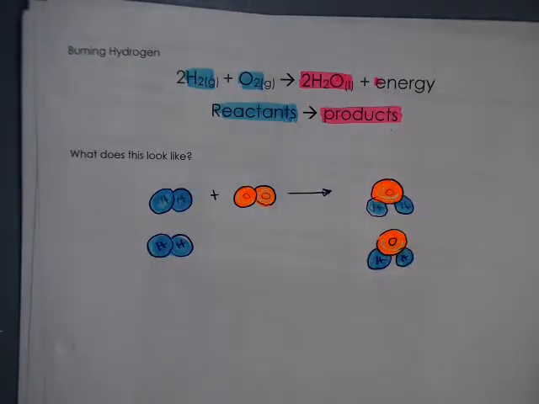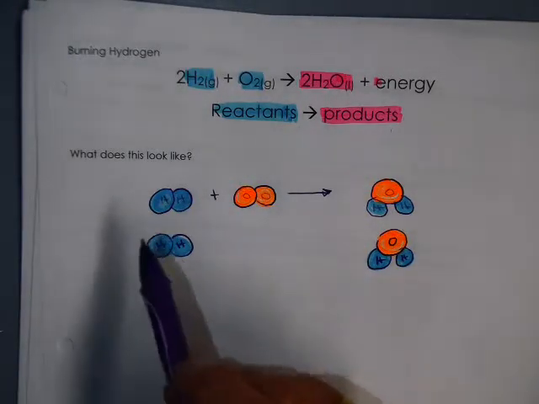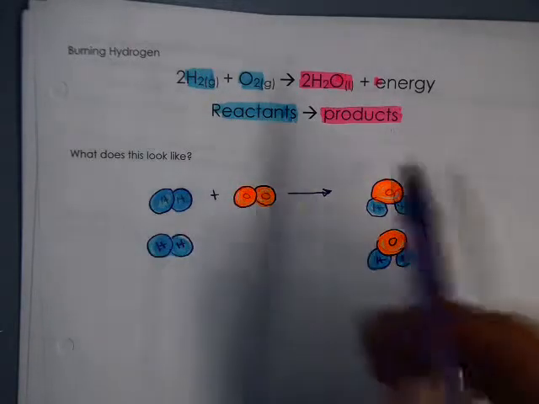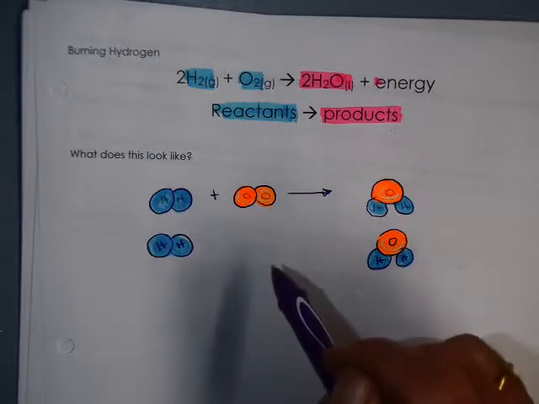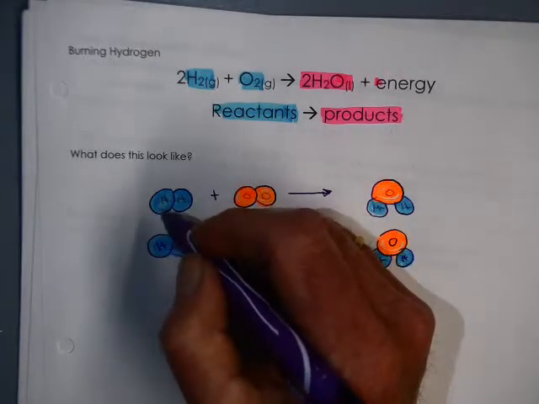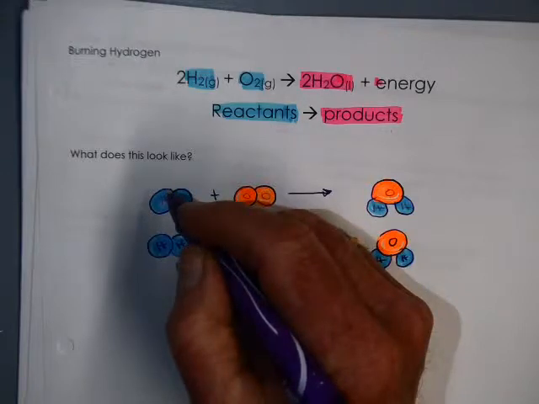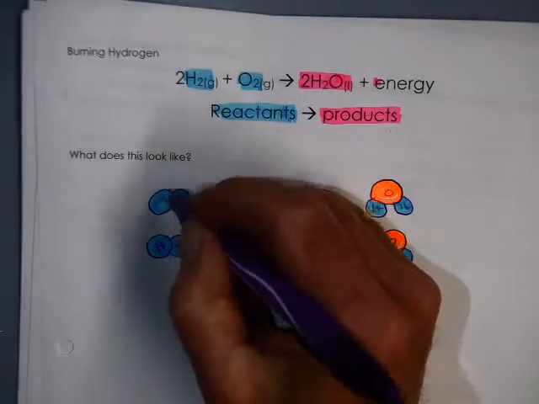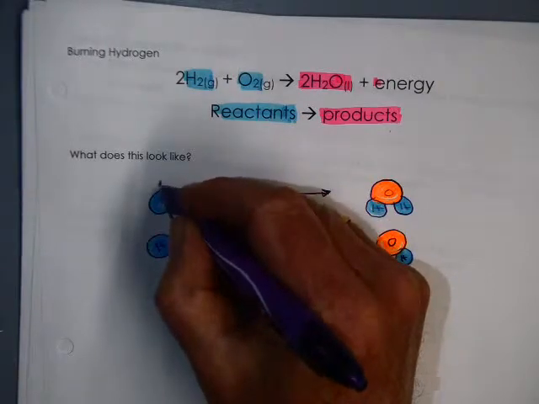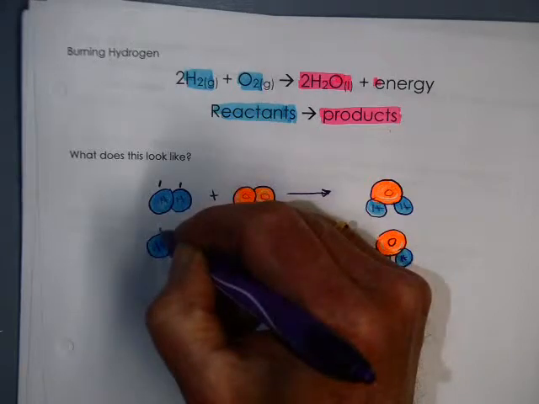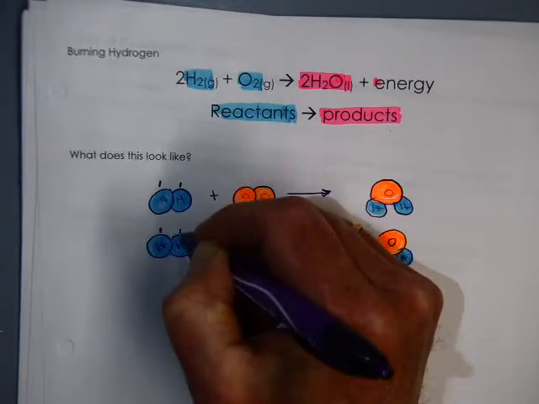I want you to look at this. If you look at your periodic table and the atomic masses of these particular critters, you'll see that every hydrogen is worth 1 atomic mass unit. We're going to average them, okay? So the atomic mass of hydrogen is 1. That's 1 there, 1 there, 1 there, 1 there.